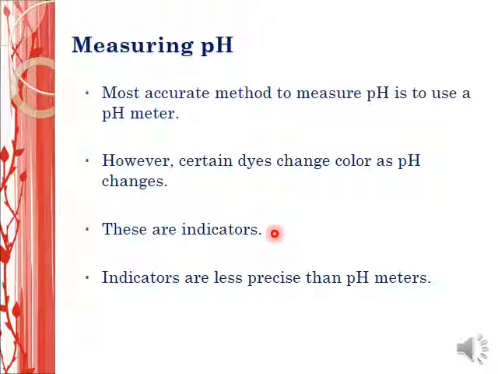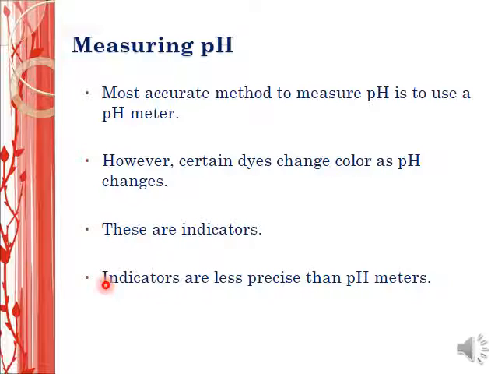For example, you have coffee solution, so you put the red cabbage water inside the coffee, and you see the color change. And if you want to test detergent, you put that red cabbage into detergent, and you get that color.